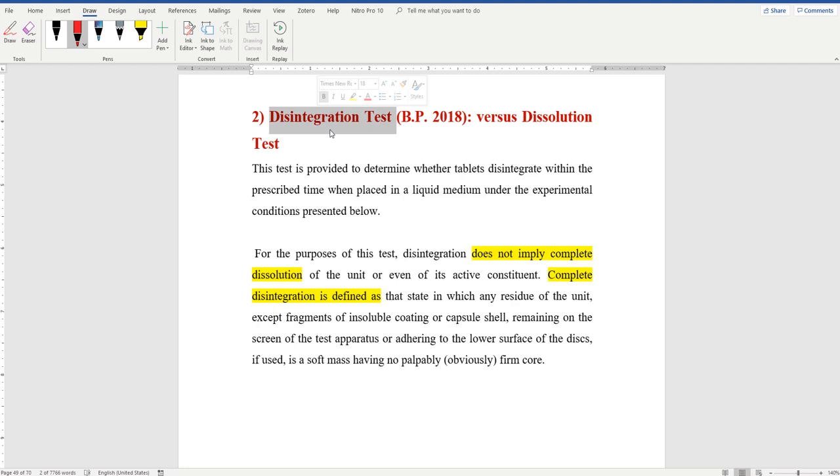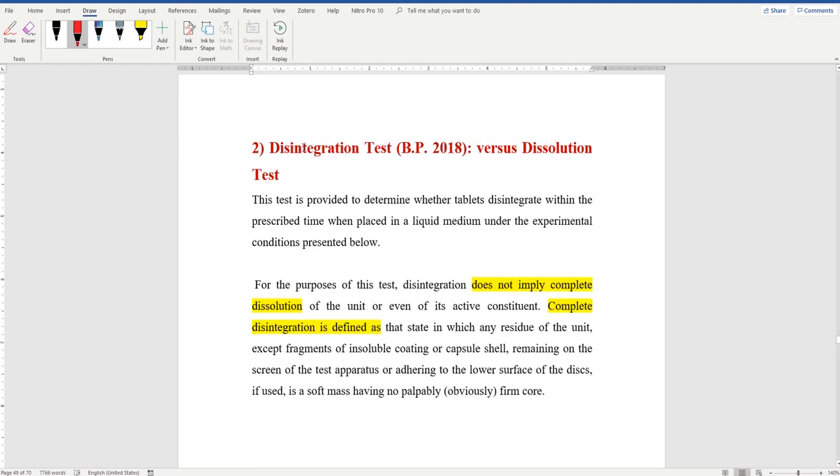In this case, I'm not really concerned with how much of the drug dissolves. Whereas in dissolution test, yes, it's important to know how much of the drug dissolves in GIT fluid, because this drug needs to be absorbed. So we apply dissolution test to drugs that are intended to produce systemic action.